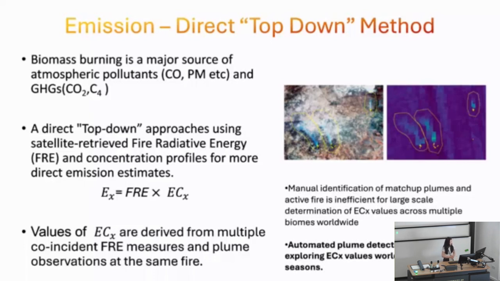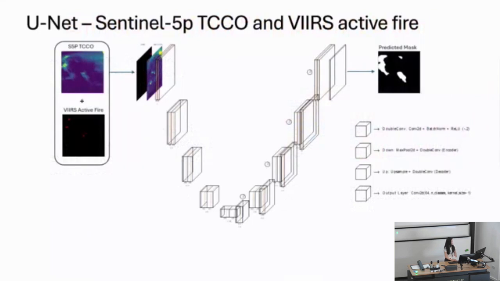Currently, this work mainly relies on manual identification of these matchup plumes and active fires, which is highly inefficient for large-scale study. So we proposed an automated approach using a unified deep learning model.